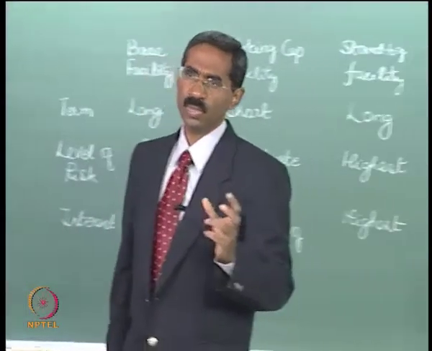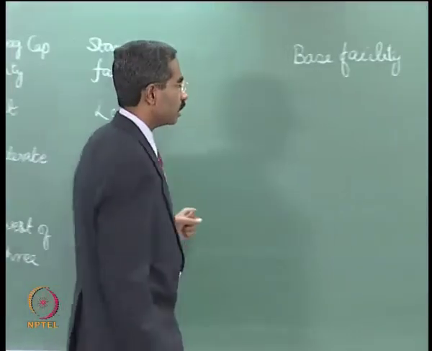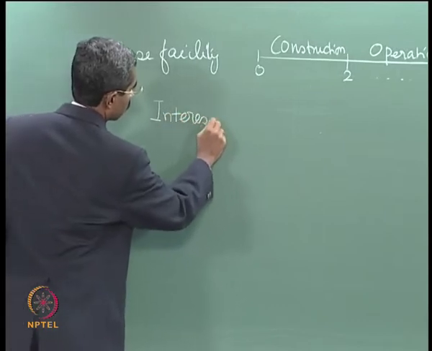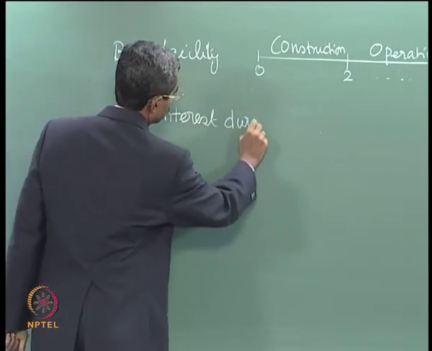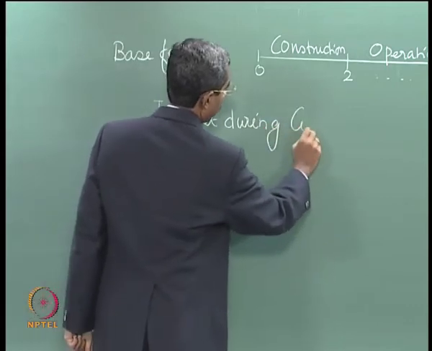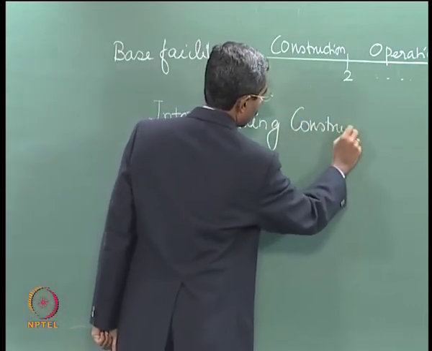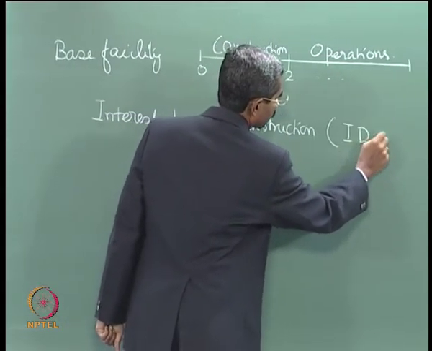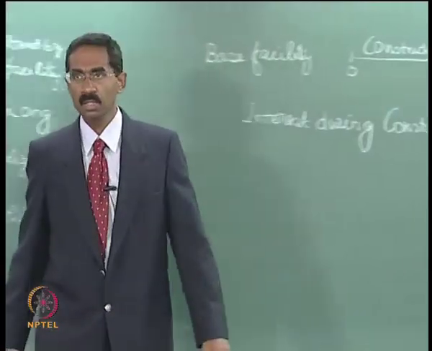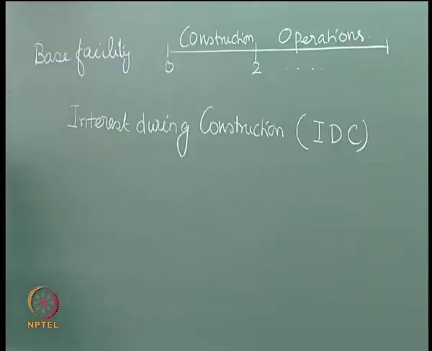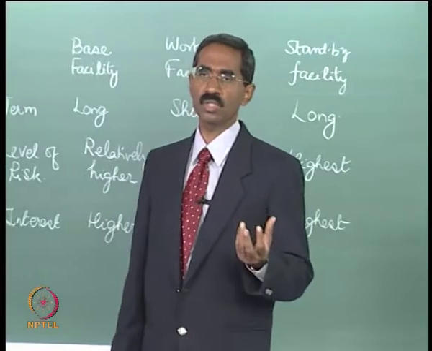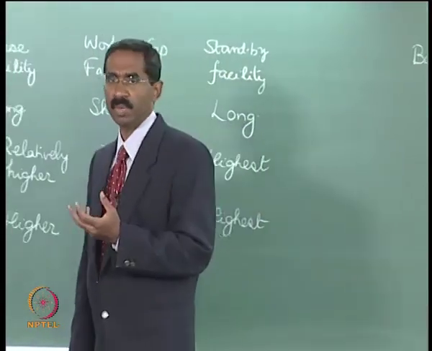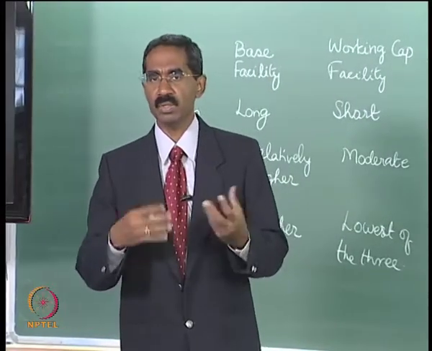So here is what we have, a concept called the interest during construction. In industry parlance it is commonly called IDC. The interest starts accumulating as soon as the loan is being utilized, but the interest is not paid to the lender because there are no cash flows.